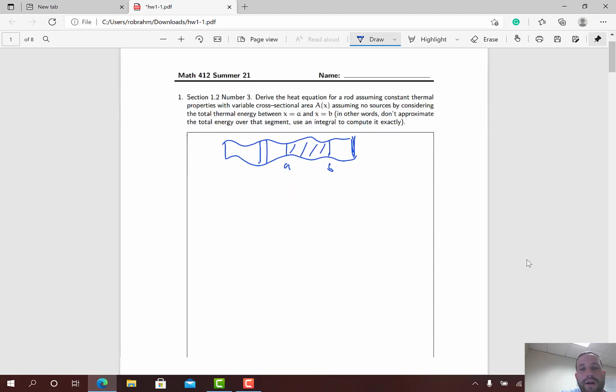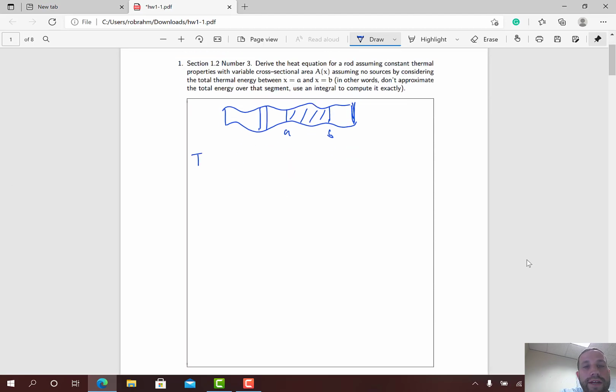We know that the total thermal energy in this is going to be equal to the integral from x equals a to b, times what? Well, remember, E of x,t is the thermal energy density per unit volume.